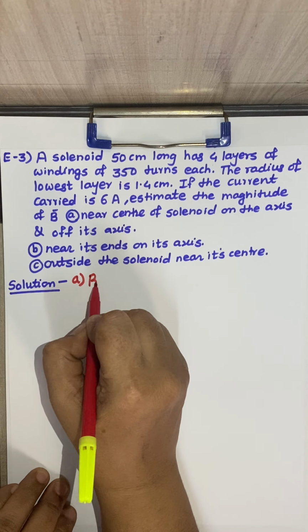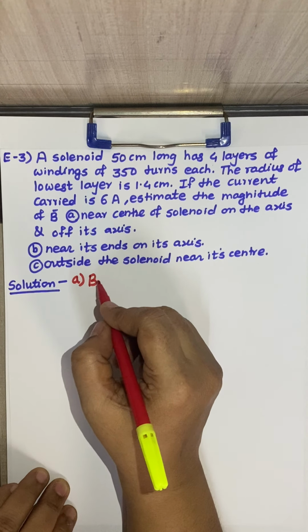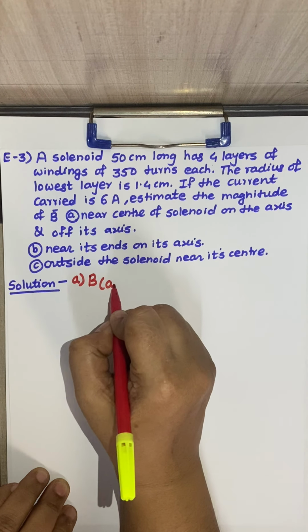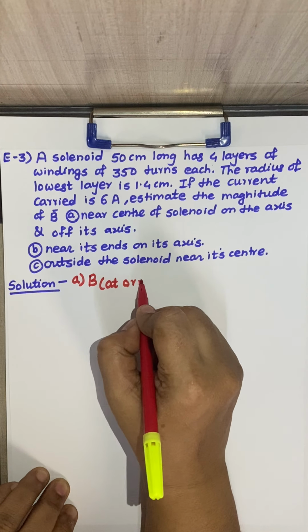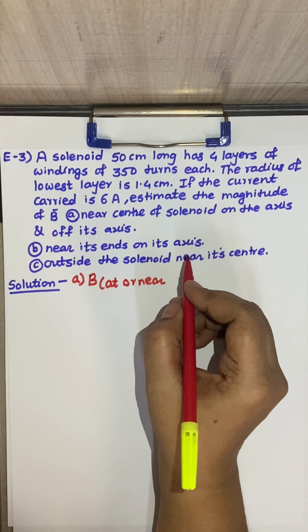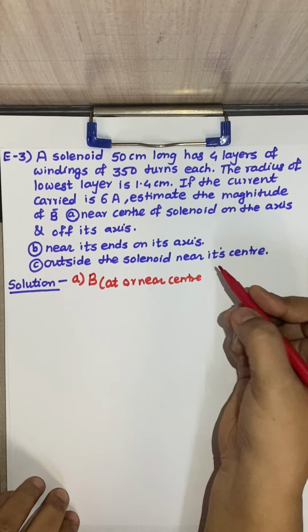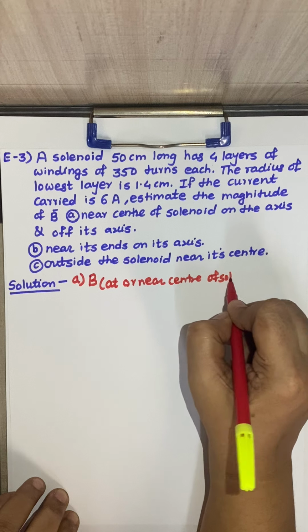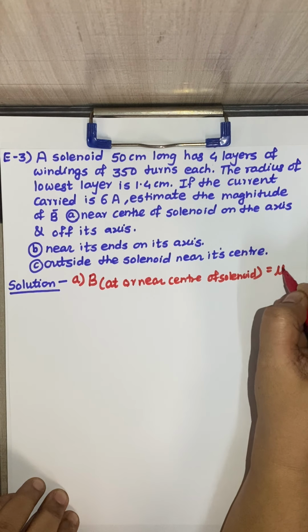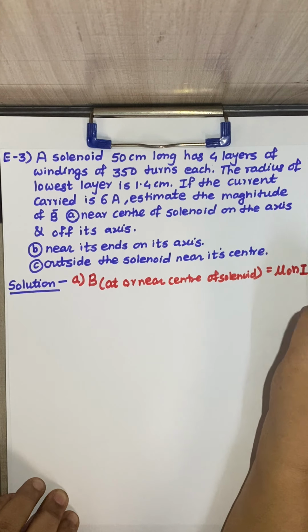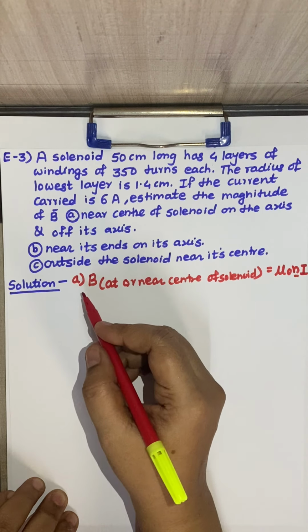Magnitude B at or near the center of solenoid is given by mu naught into nI, where n is again the number of turns per unit length.